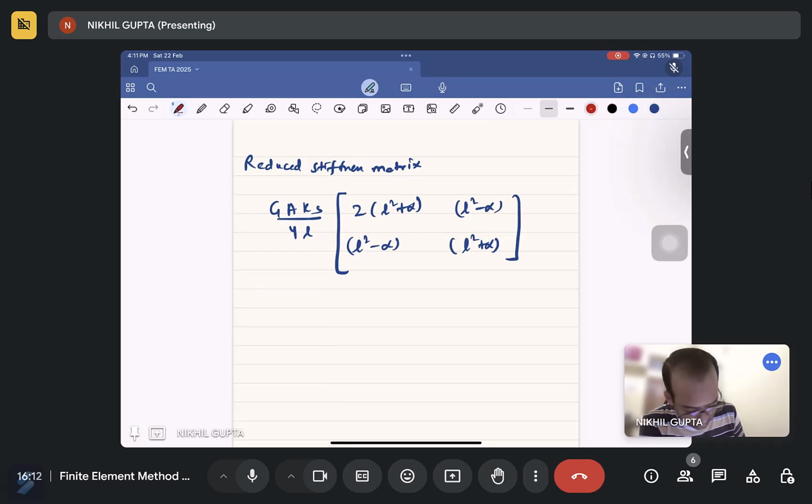Similarly, we have calculated the force vector as well.